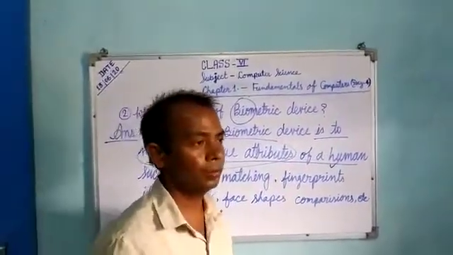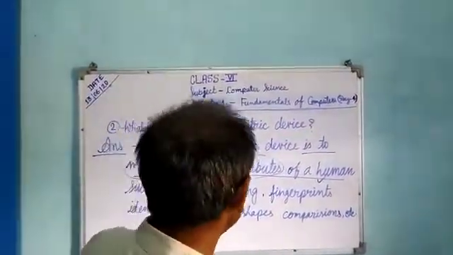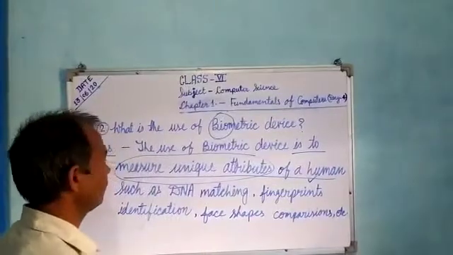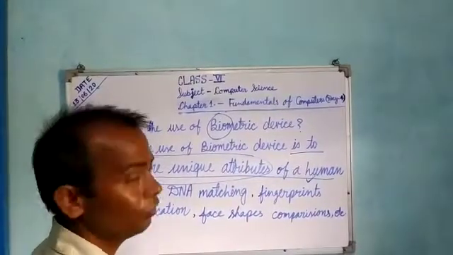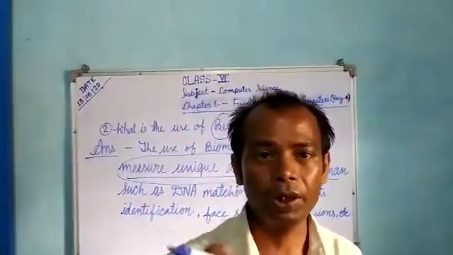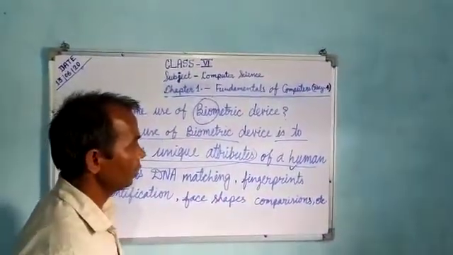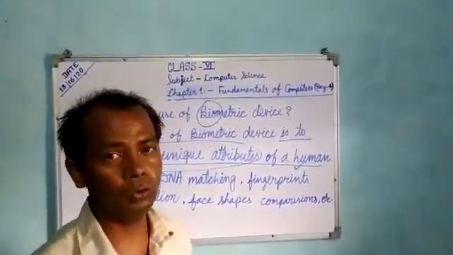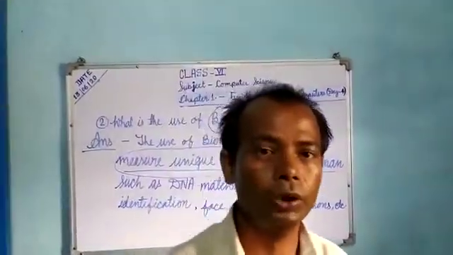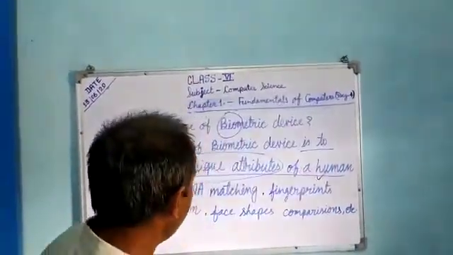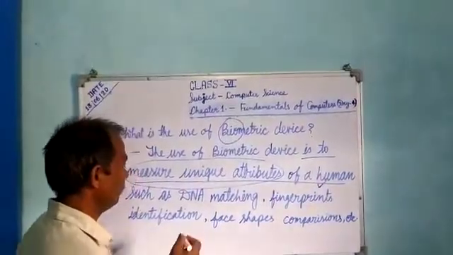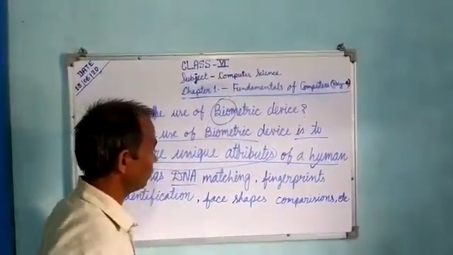That means we first feed some information related to a particular human. Each and every human being has a specific type of fingerprint. We can say the same of DNA.